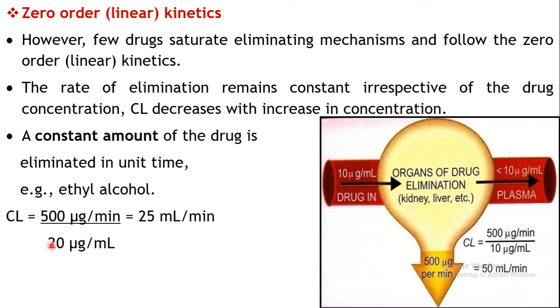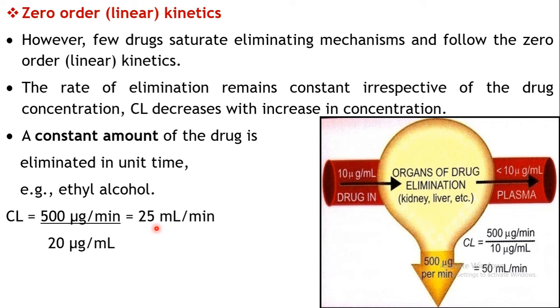So in that case, what will happen to your clearance? As you increase the plasma concentration, the clearance will go on decreasing, because your plasma concentration is in the denominator and the numerator is remaining unchanged. So if I increase the plasma concentration from 10 microgram to 20 microgram, the rate of elimination will still remain 500 micrograms per minute, so clearance will be 25 ml per minute.